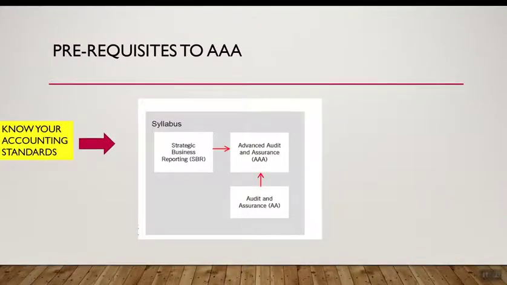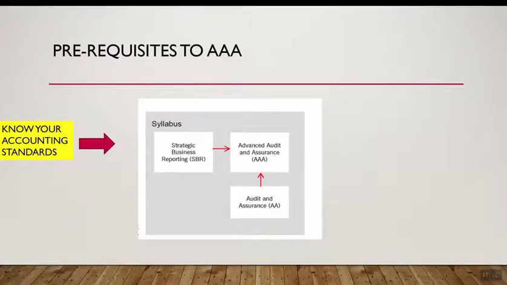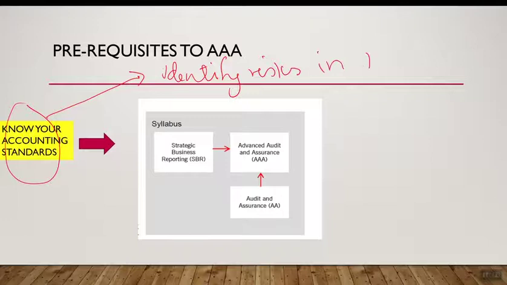Now, to be able to conduct an audit, obviously, when you're an auditor, you need to know your accounting standards, because one of the most important jobs of an external auditor is always to identify risks in the financial statements.